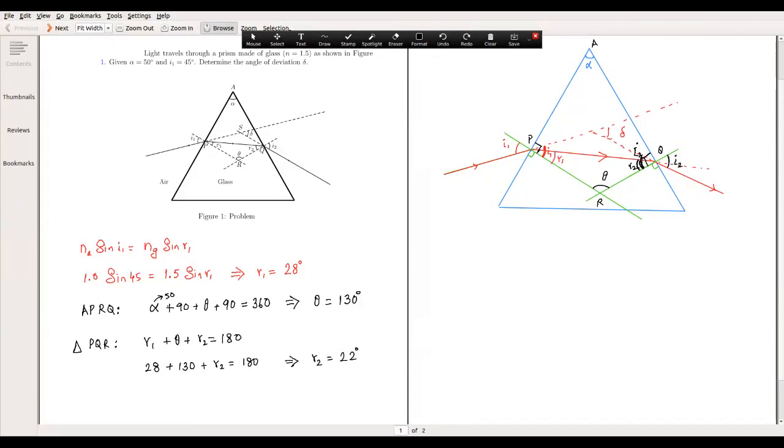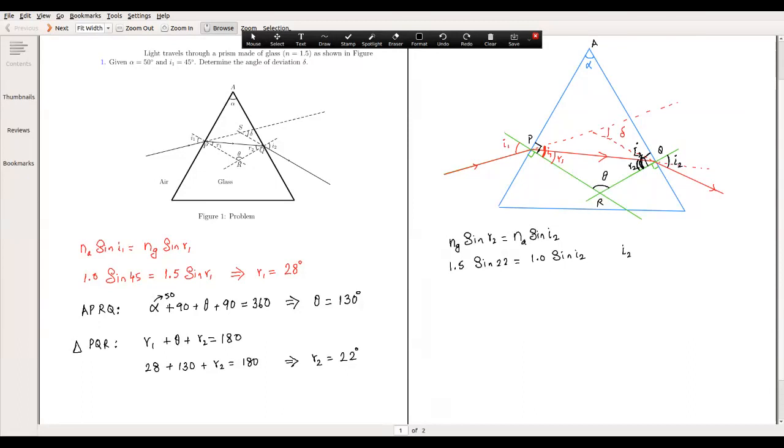This time it's going from the prism, the refractive index of glass, times sine of R2 is equal to the refractive index of air outside times sine of I2. Plug in the numbers: 1.5 times sine of 22 degrees is equal to air, 1.0, times sine of I2. So this allows us to calculate I2.